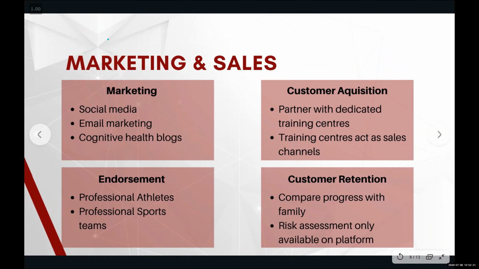Our sales and marketing is going to involve regular social media marketing, email marketing, and cognitive health blogs, which we've been launching for the last few months. We're going to be having endorsements from different athletes and sports teams, and part of this is also to help in the development of the platform. Some of the athletes are already willing to pay for the platform, and so it will allow us to have the funds to conduct more research and development.